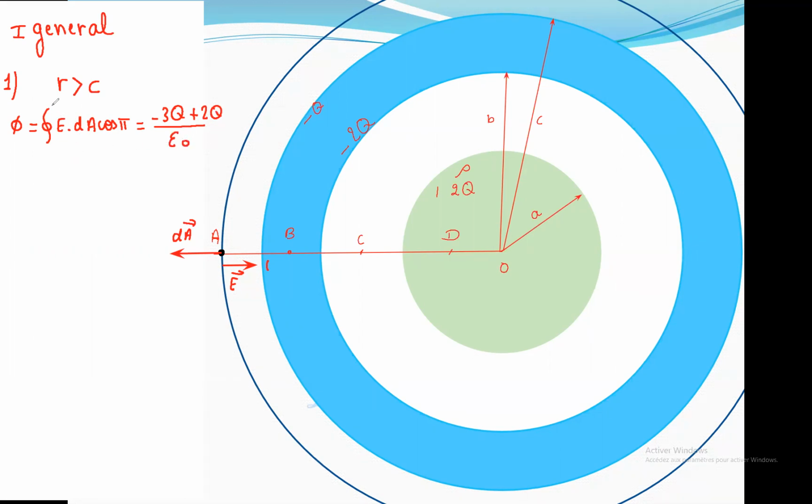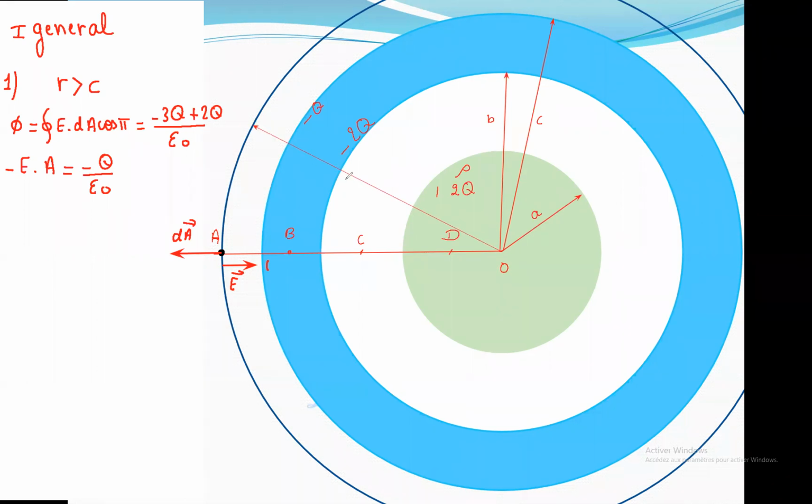E is constant, and the integral of dA equals A. So here we get minus EA equals minus Q divided by epsilon. This term concerns only the Gaussian surface. The area of this spherical surface equals 4 pi r squared. R is the distance from the center to this point.